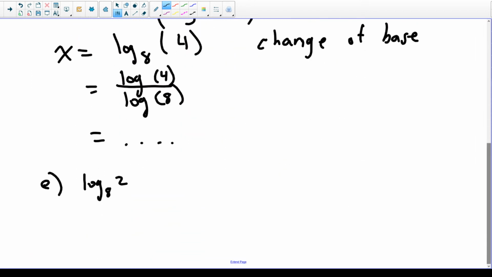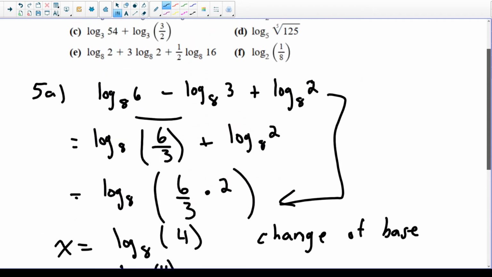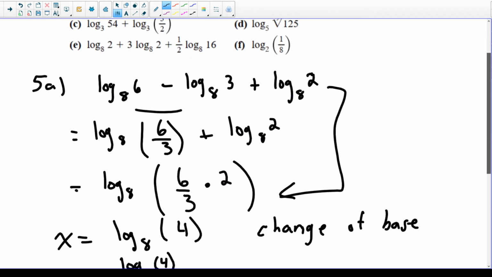3 log base 8, 2. Oh, and they're throwing a curveball at me there. And 1/2 log base 8, 16.